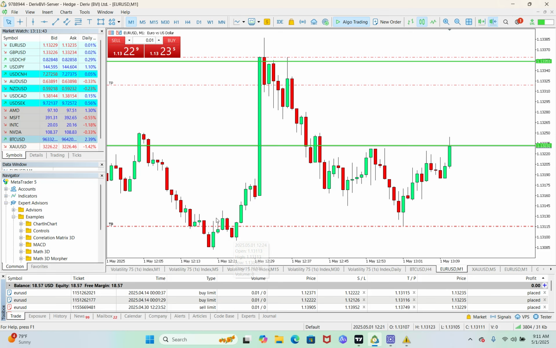Could have taken an entry right here as well. Right, but this one work out. So buyers was still in control of this era, but our entry point, which was right here, we got stopped out of this entry, but buyers taking it home. So this was an opportunity that we missed.